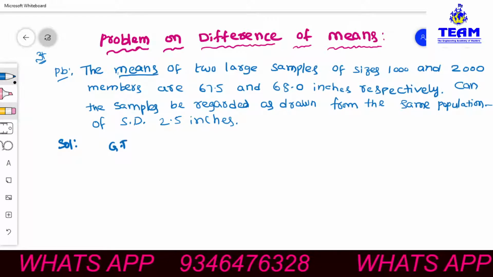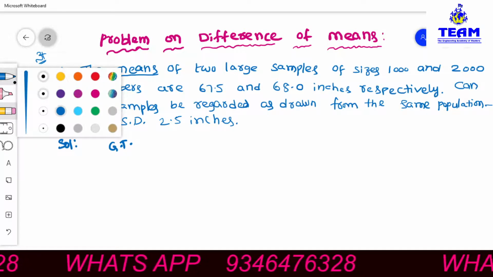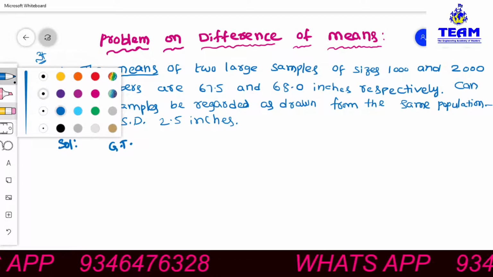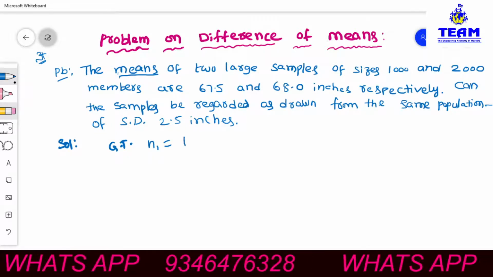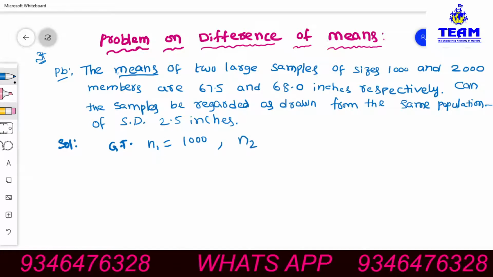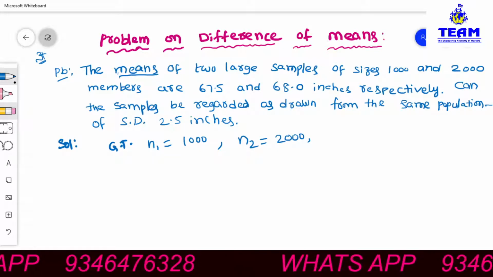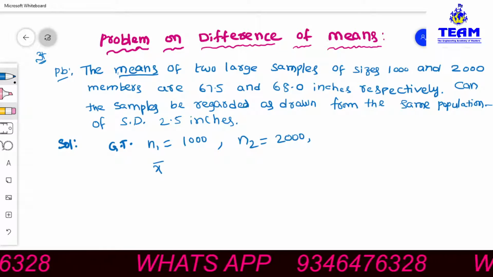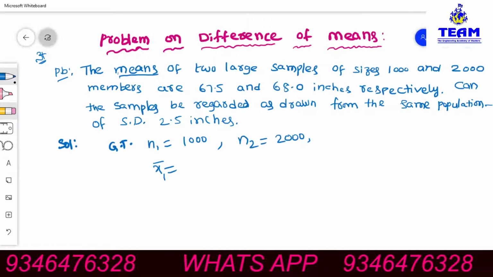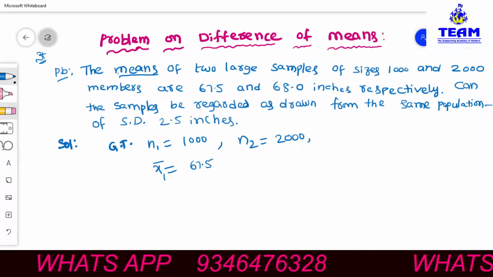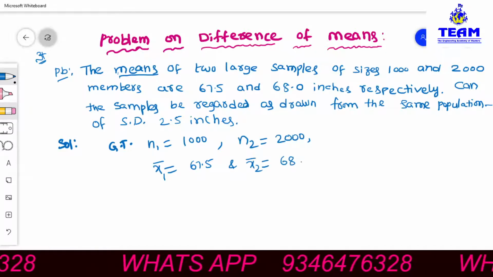Given that n1 is equal to 1000, n2 is equal to 2000, and the corresponding sample means are x1 bar is equal to 67.5 and x2 bar is equal to 68 inches.